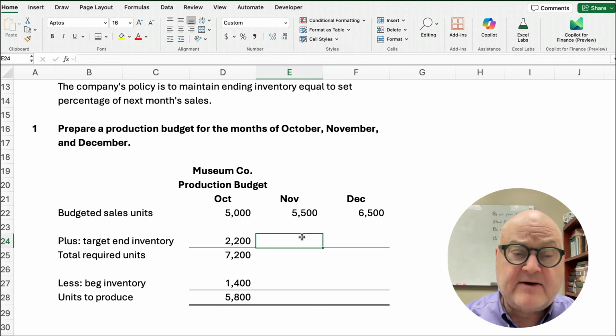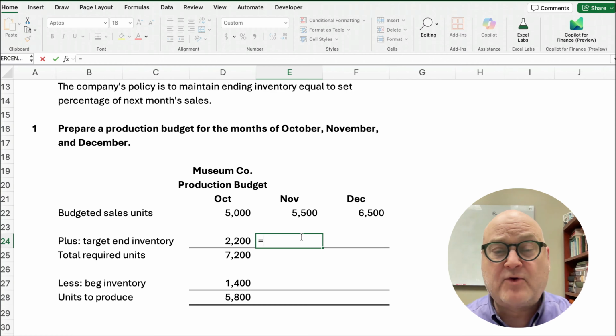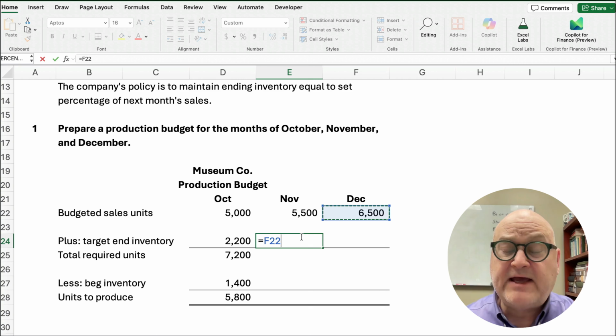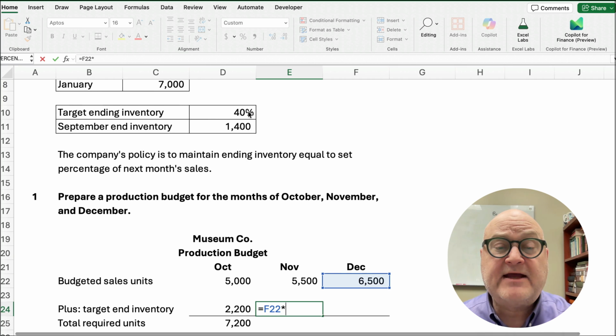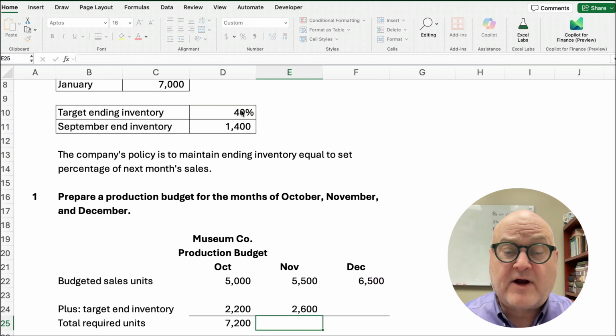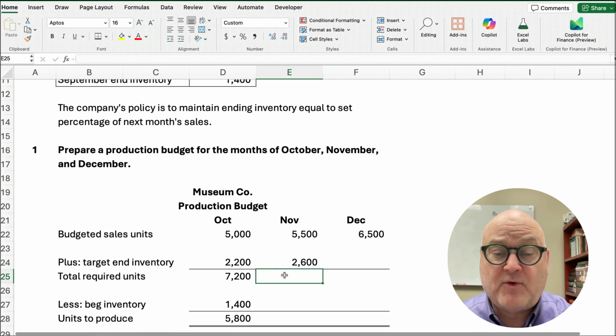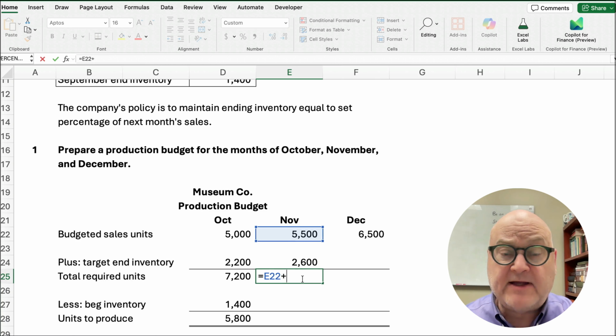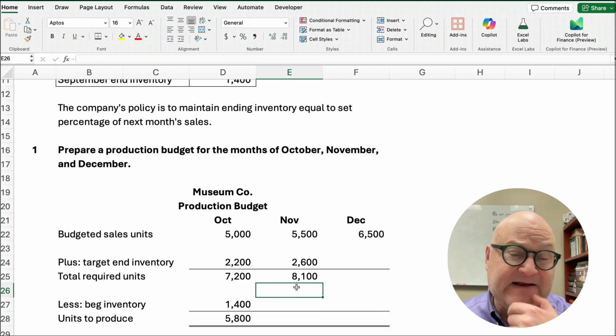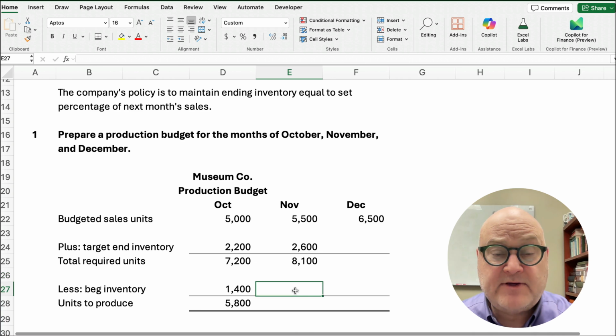So what is our target ending inventory for November? We think we can sell 5,500, but we've got to sell 6,500 next month, and we need to maintain 40% of that for our targeted ending inventory. So we need 5,500 plus the 2,600. We need 8,100.